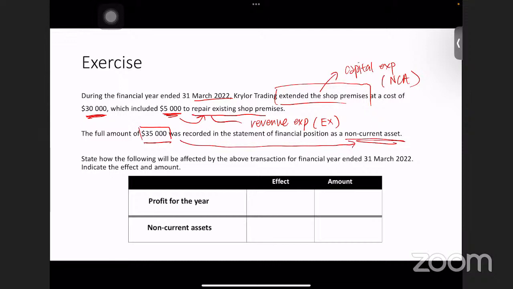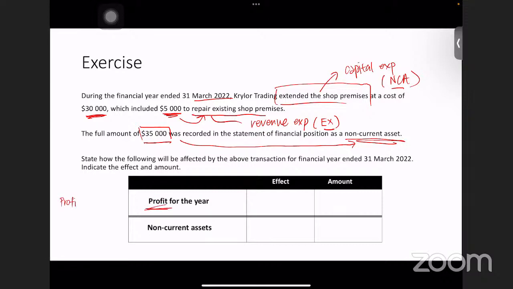That is definitely incorrect. Total 35,000: 30,000 is an NCA, 5,000 is an expense. But the whole thing I put as an NCA. That's wrong, right? Here, state the following that is affected by the above transaction. Please indicate the effect and the amount. Whenever you see the word effect on profit, what do you write down?